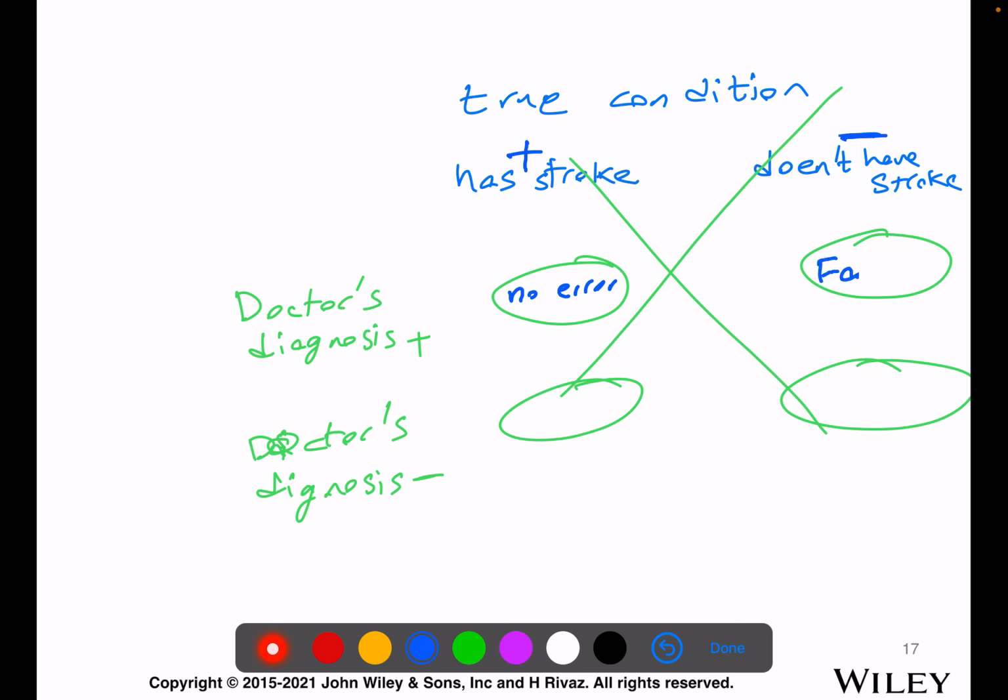This is not called type 1 and type 2 error anymore, so these are different concepts. And this one is called false negative, and this is no error. So these are different compared to type 1 and type 2. They are related, but they are not the same thing. In medicine, this is called the false positive rate and the false negative rate. It's quite similar, but it's not called alpha and beta anymore.